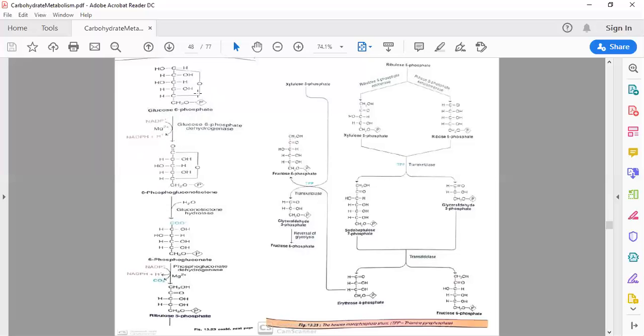So in the HMP shunt, the conversion of glucose 6-phosphate to 6-phosphogluconolactone is the oxidative phase.